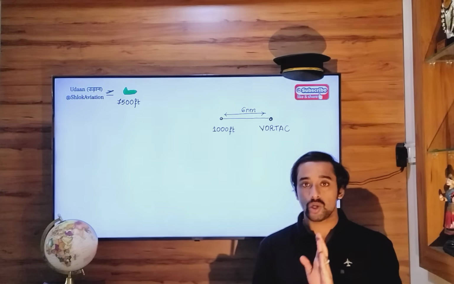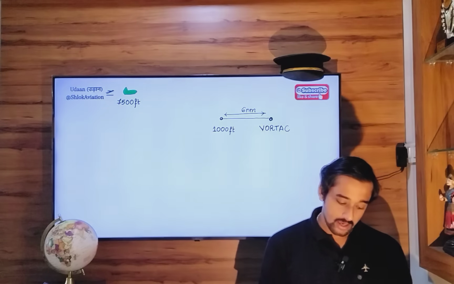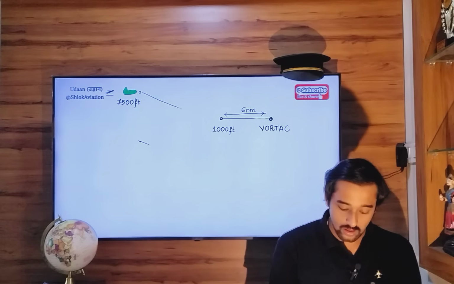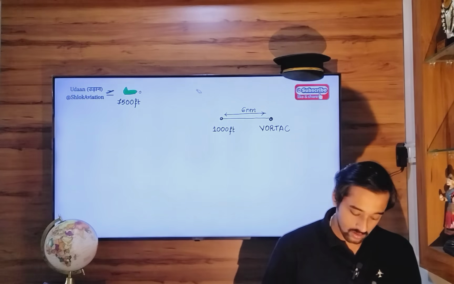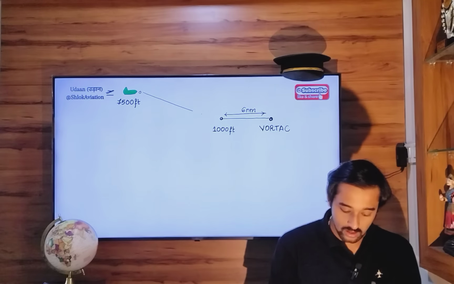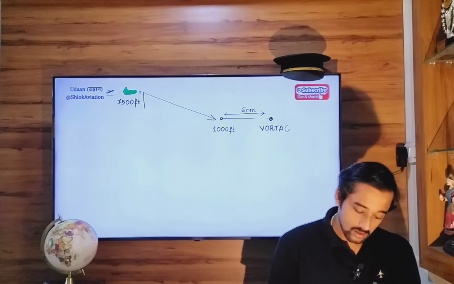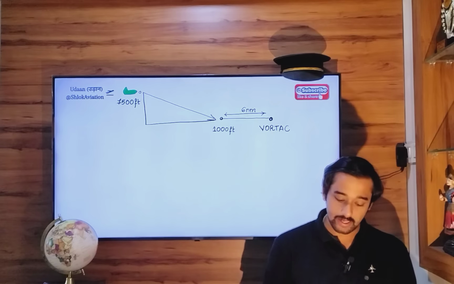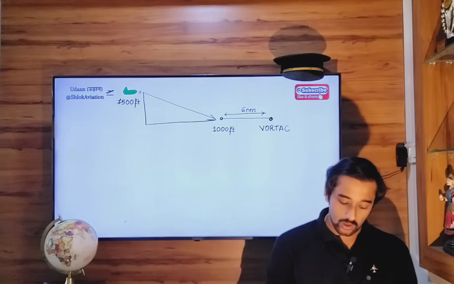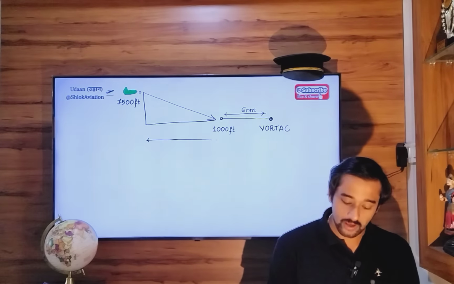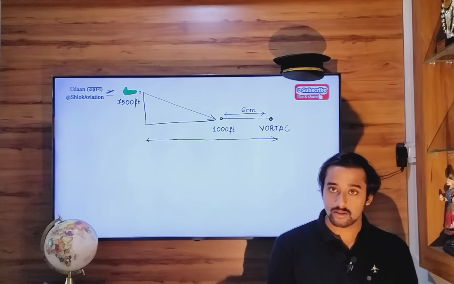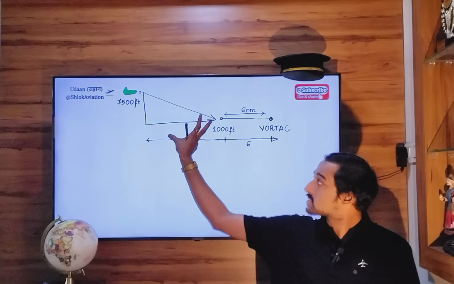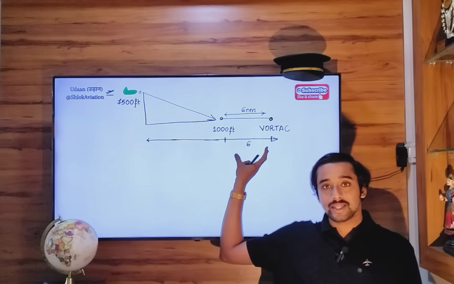Second, be 6 nautical mile away from the station. You have to find this total distance from the VOR station. Out of that total distance, this much is 6 miles. Now let's find this distance and then add 6 to that distance.